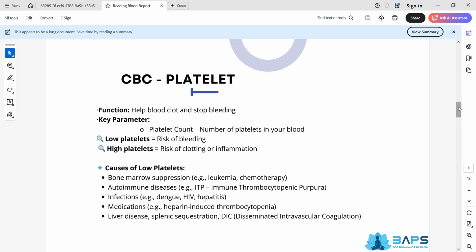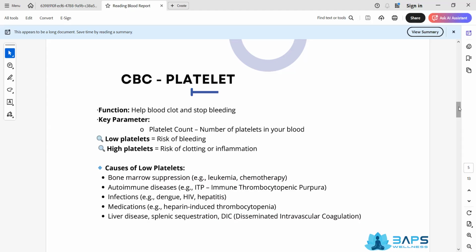And in case of infections, not only dengue, but also HIV. And in certain cases, hepatitis also leads to low production of thrombocytes. And certain medications, like heparin induced, there also you will have lesser thrombocytes.